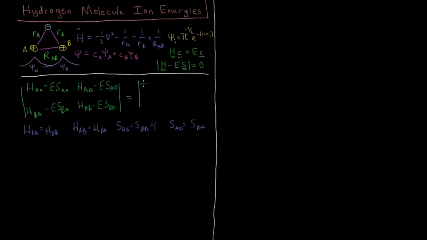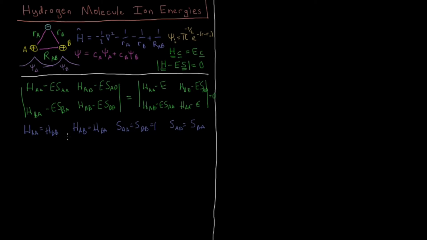Okay, so with that in mind, what our determinant simplifies down to is HAA minus E. This is now 1. HAB minus E SAB. And then this element on the lower diagonal here is the same. And we have the same. So the terms across from each other are now the same, and this all equals 0 as we set up there.